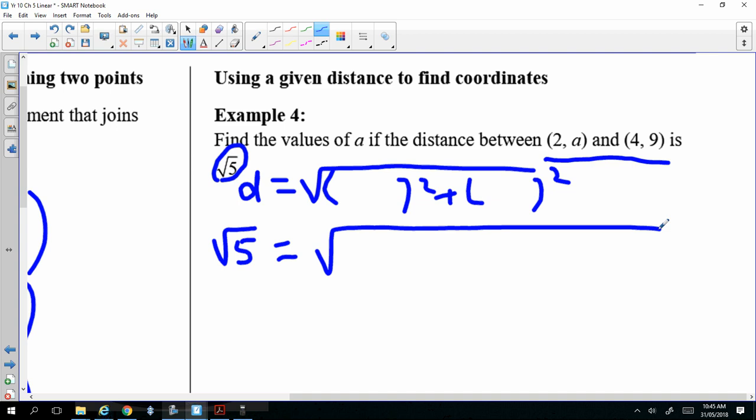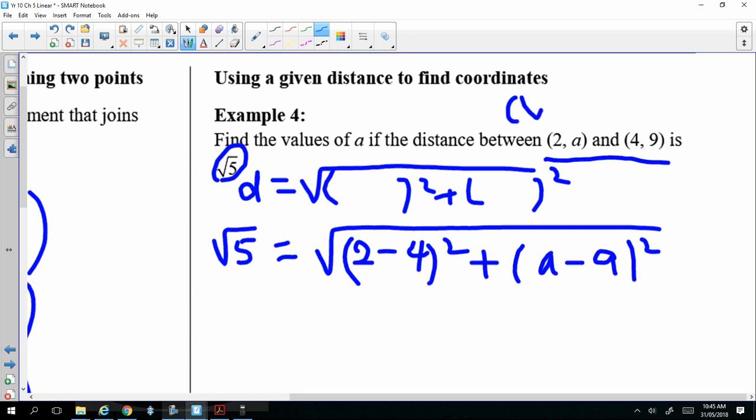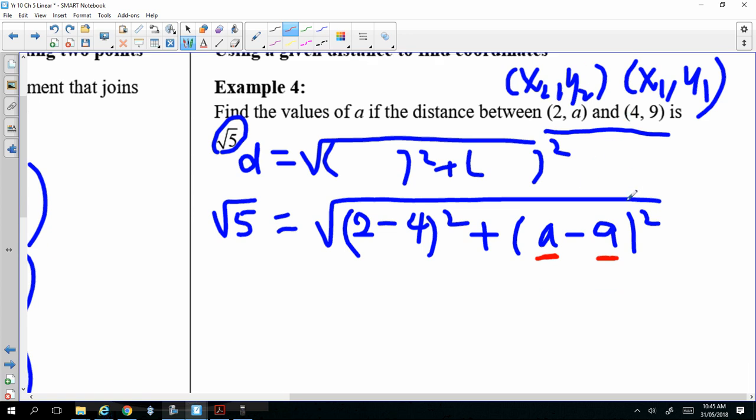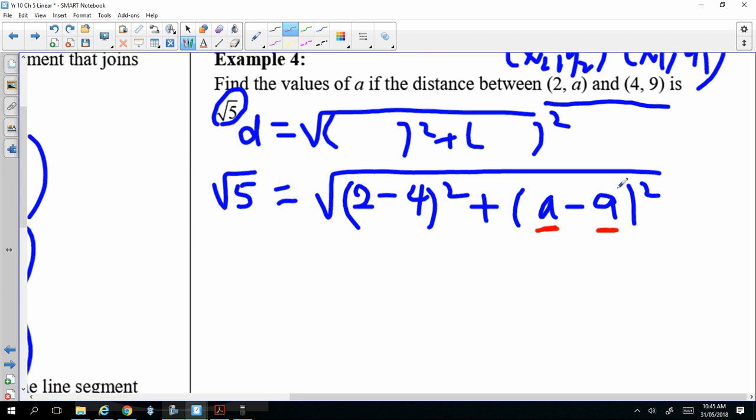Okay, so we go 2 minus 4 square plus A minus 9 square. I'm going to call this x2, y2, x1, y1, because I want to always subtract the polynomial by the number. I want to write the polynomial first. That's the reason why I call this x2, y2. Okay, so we simplify this, and then we're going to get, so negative 2 squared is 4. So we'll just get that.